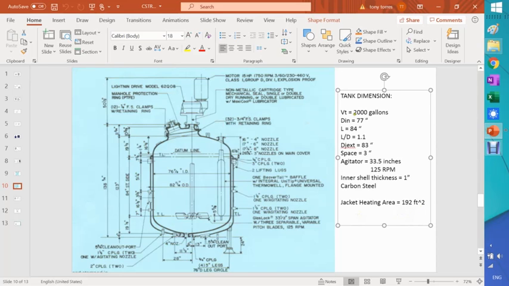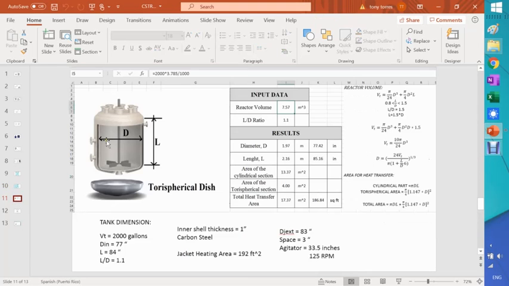Now, let's do a mathematical check just to ensure how well our formula will provide something that is on these blueprints, okay? Some of the data that is already here. So let's do that. I'm doing that right here. Now, as I said, the volume of the reactor is 2000.